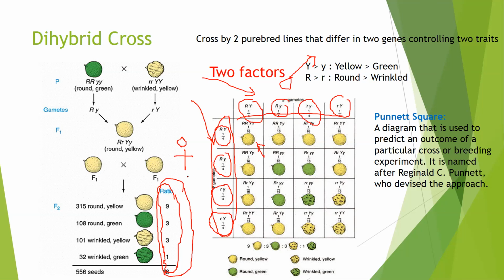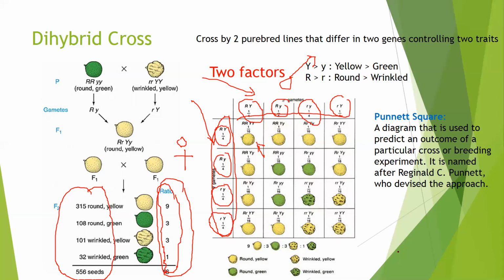All right. However, when Mendel did the experiment, this is the real data he observed. So can you see from this data, can you say this data is in agreement with this ratio? Not really, right? So then what should we do?